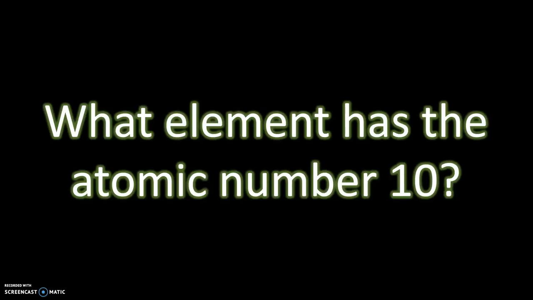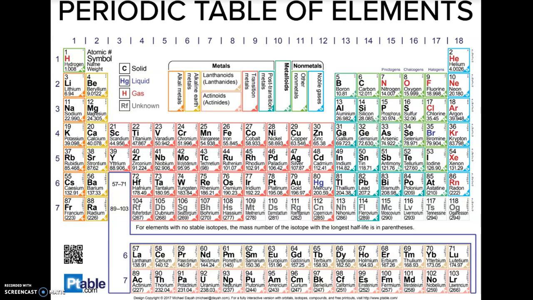So if we look at the periodic table, what element has the atomic number 10? Again, that's the number in the upper left-hand corner. So you go 1, 2 over here, then 3, 4, 5, 6, 7, 8, 9, and 10. And 10 leaves you with neon.